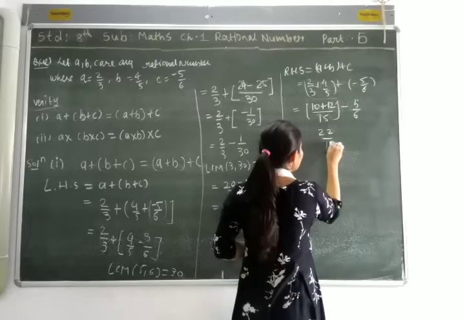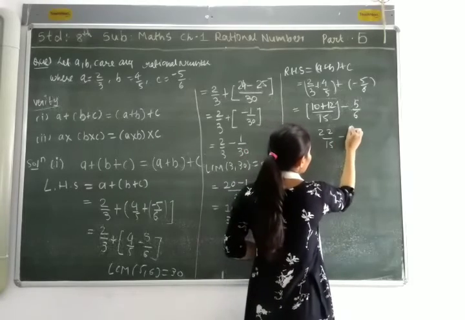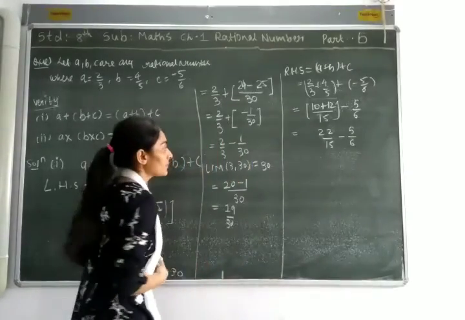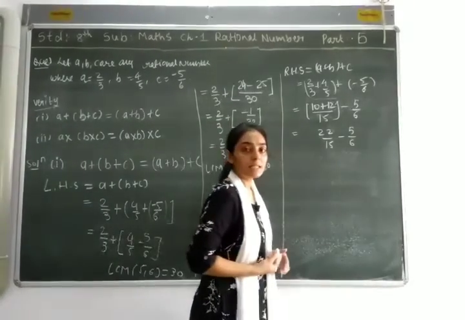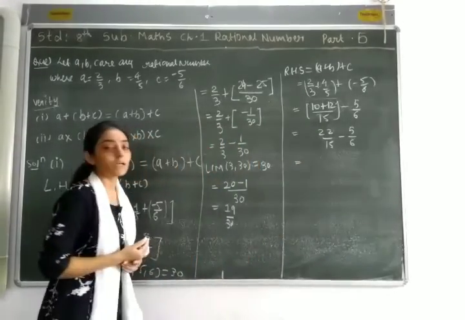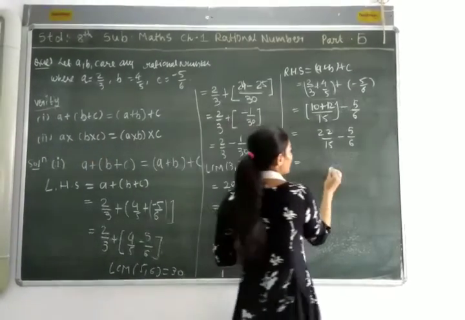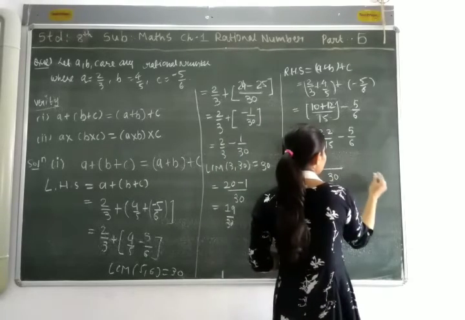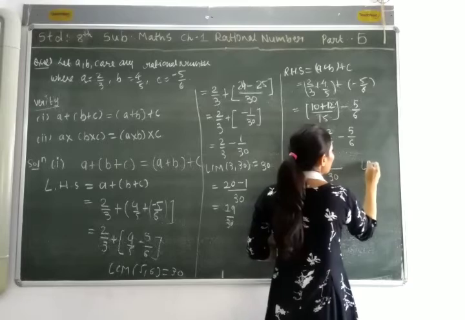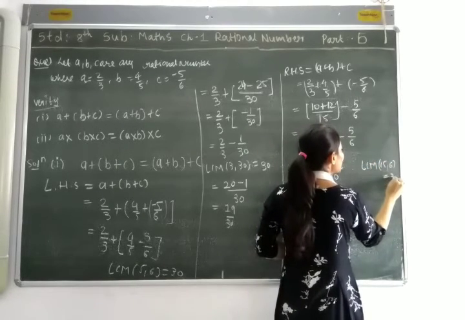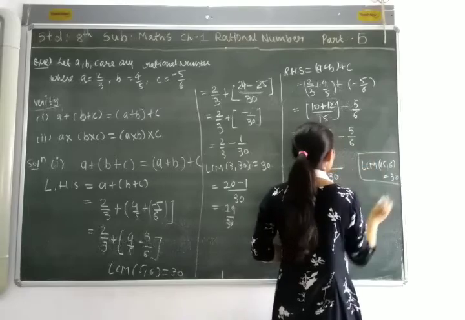22 by 15, minus 5 by 6. Now again take the LCM. The LCM of 15 and 6 is 30.